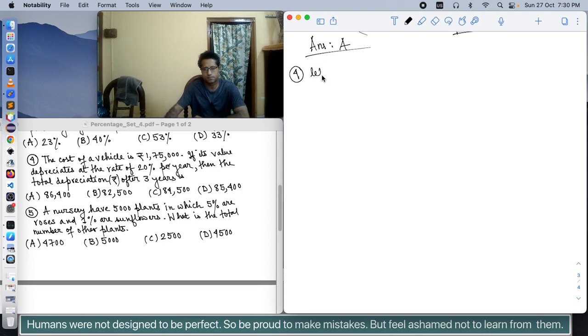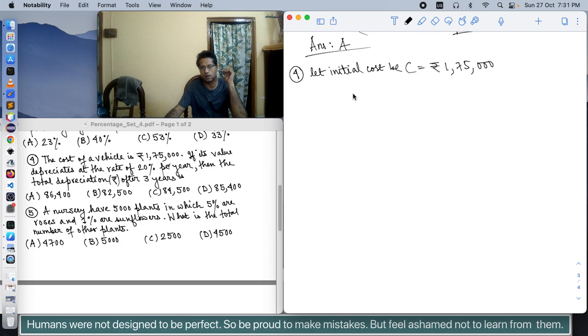Let the initial cost be, let's say C, which is equal to rupees 1,75,000, a constant value, but we are just representing it by the letter C, because in the calculation we will use the letter C, and finally to get the answer we will substitute the value of C as 1,75,000. That will save a bit of time.